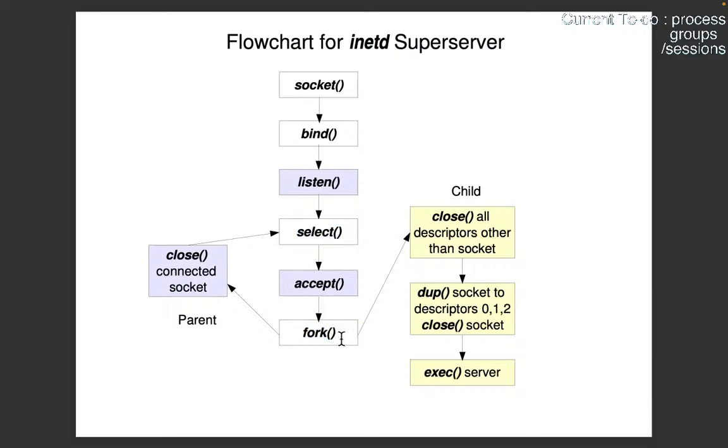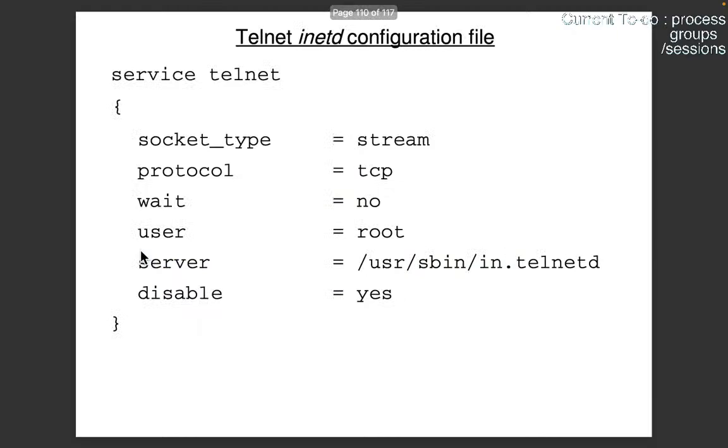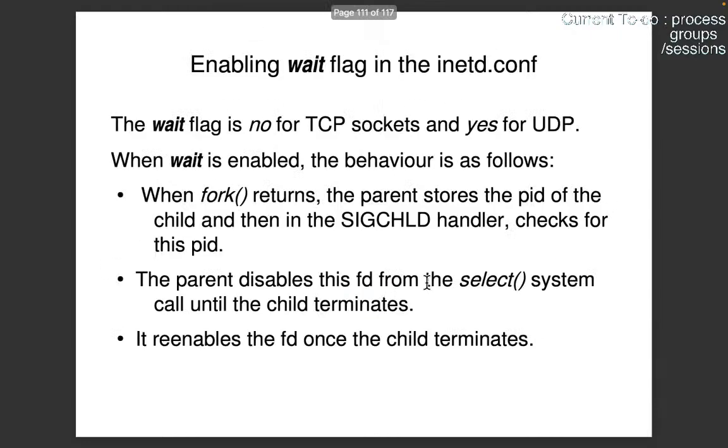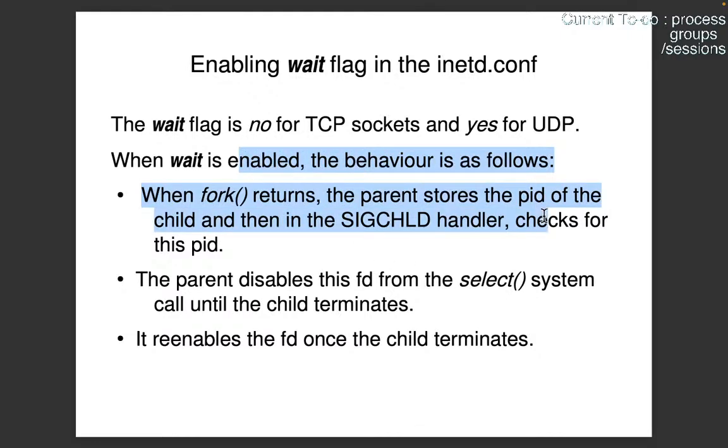In the parent, and then in the child, close all descriptors other than the socket, dup the socket to descriptors 0, 1, 2 so that you can log, and close the connected socket. For telnet, the inetd configuration file has: stream tcp wait is good to know, root. The parent stores the PID of the child, and then the SIGCHLD handler checks for this PID.